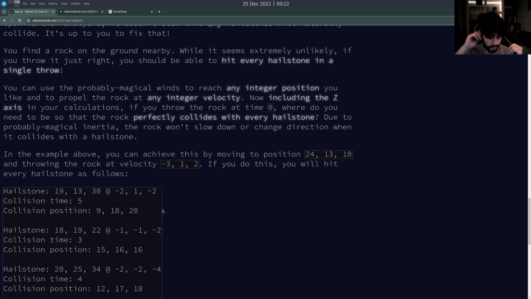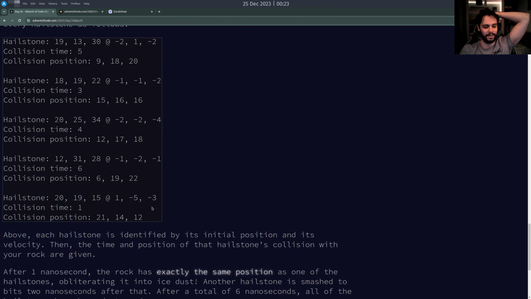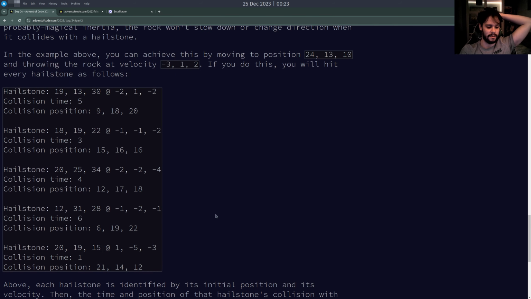Oh God. Oh my Lord. We have 6 equations. For the example, right? For the input, we have many more. We have 6 equations, and we want to find a solution.